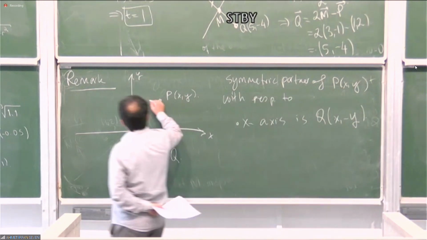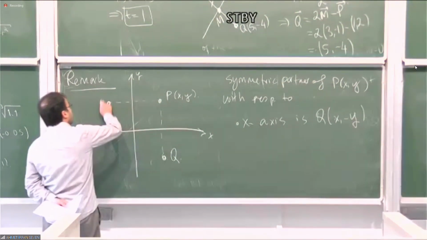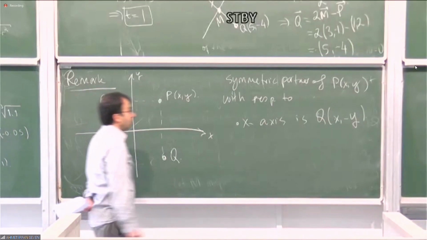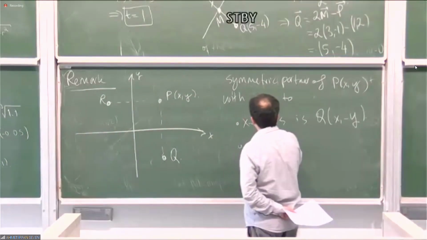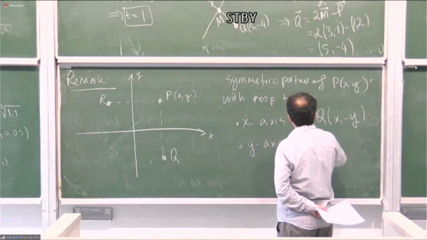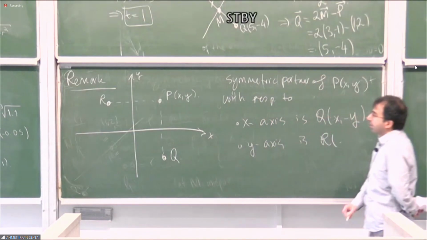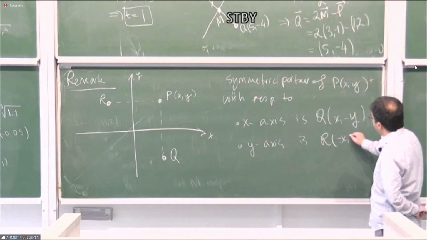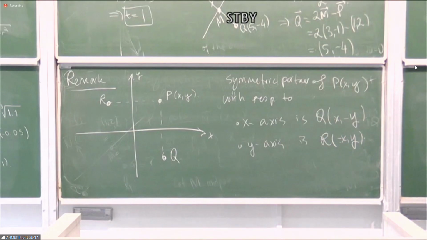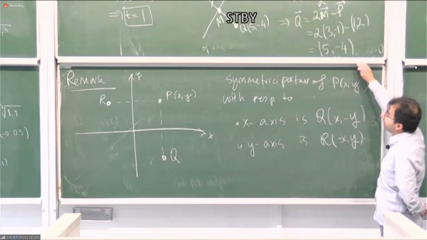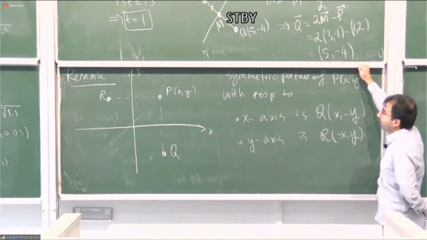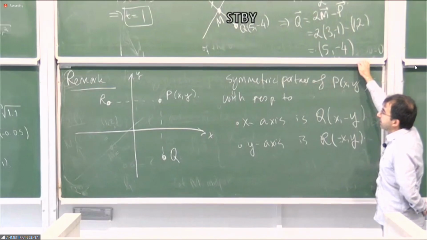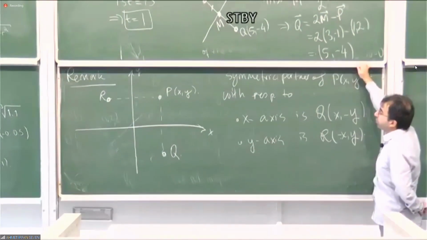Similarly, we can consider the symmetric partner of P with respect to the y-axis, R, and it will be minus x, y. So this special case is useful to keep in mind. All right. So this is the symmetry with respect to coordinate axes.